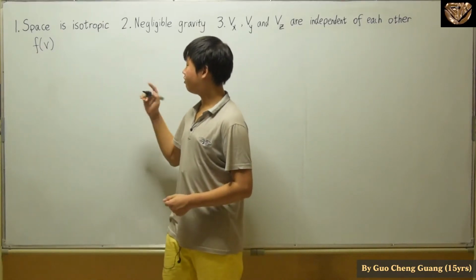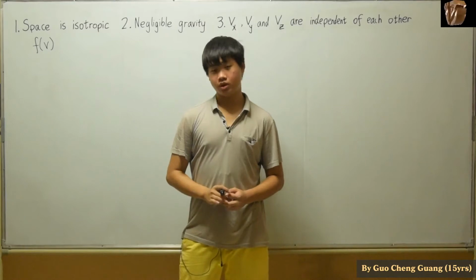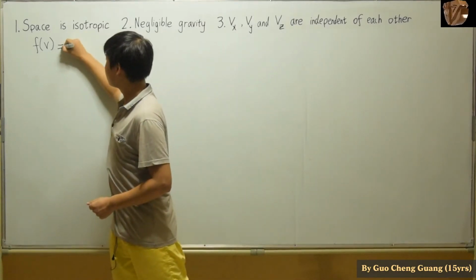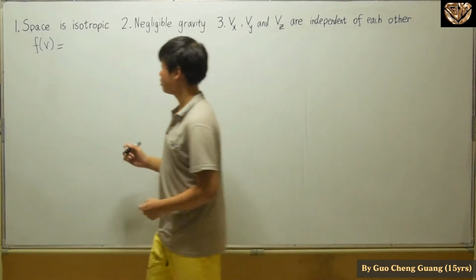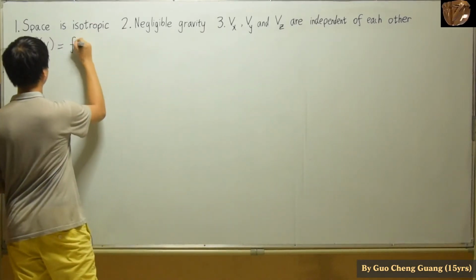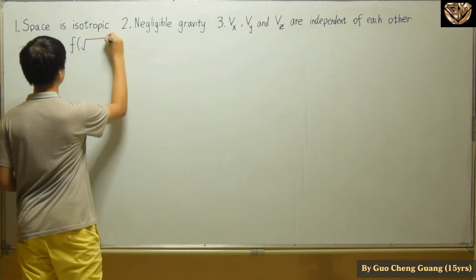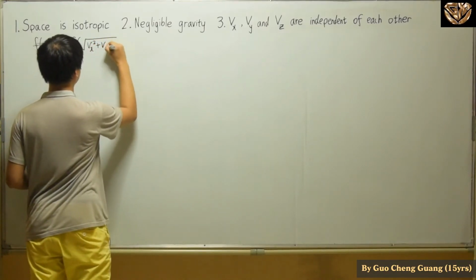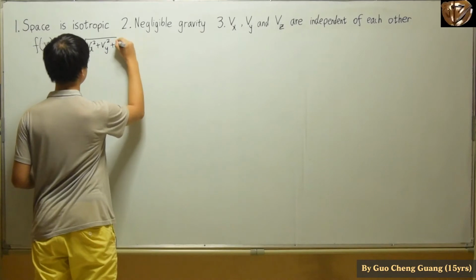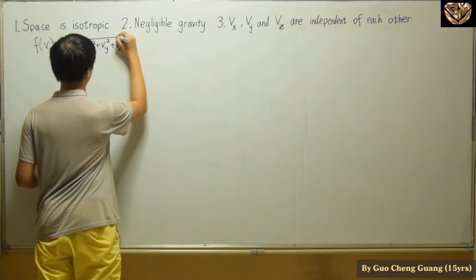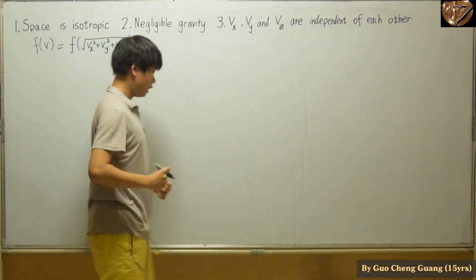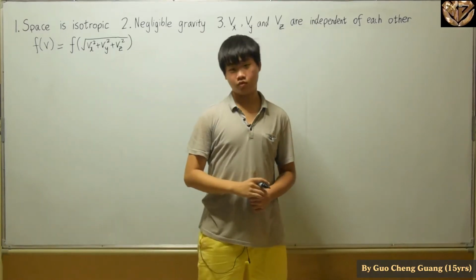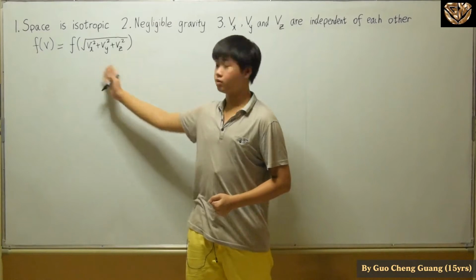So f(v), what are we going to have over here? Of course you could change it into f of the square root of vx squared plus vy squared plus vz squared. So this is v in its component form, which has these three components.